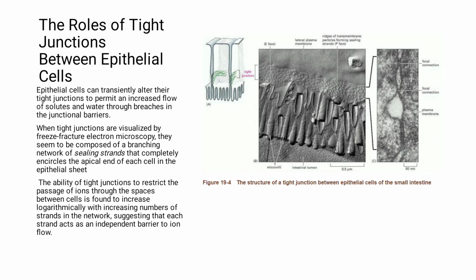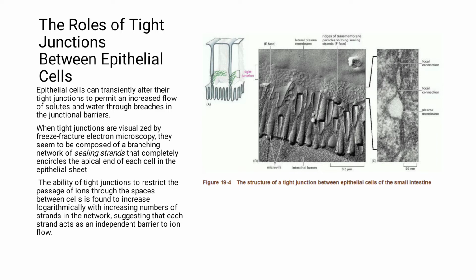In B, the plane of the micrograph is parallel to the plane of the membrane, and the tight junction appears as a belt-like band of branching sealing strands that encircle each cell in the epithelium. The sealing strands are seen as ridges of intramembrane particles in the cytoplasmic fracture face of the membrane.